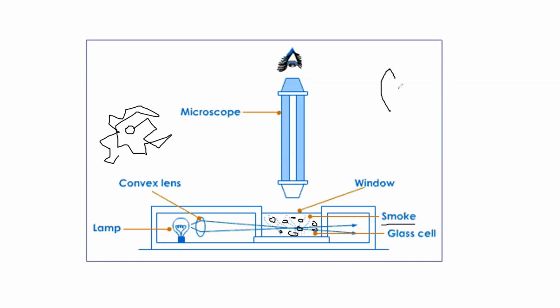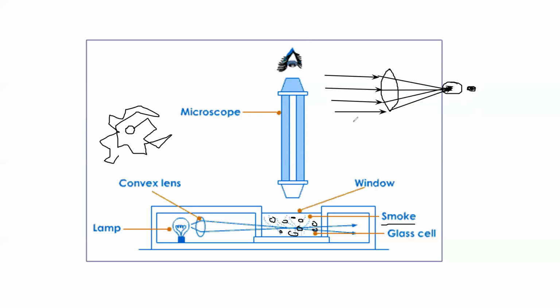If this is a convex lens, when parallel light rays are there, this convex lens converges the light rays to one point. When it converges the light rays to one point, that point will be brighter. So in this region, if we observe any smoke particle, that smoke particle will be visible to us.